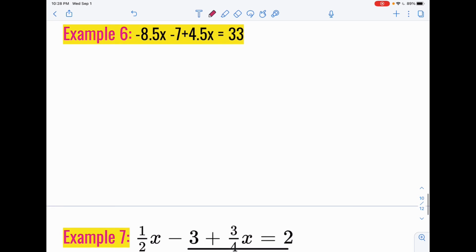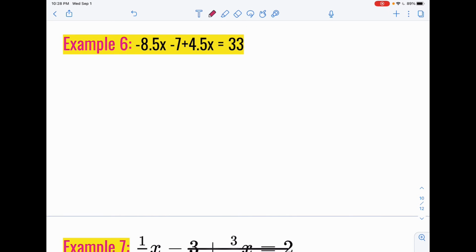The next question we have here with decimals, but the idea and strategies are the same. Let's go ahead and circle like terms first. We have negative 8.5x, we have 4.5x, and we have constant negative 7. Let's go ahead and combine negative 8.5 and positive 4.5.